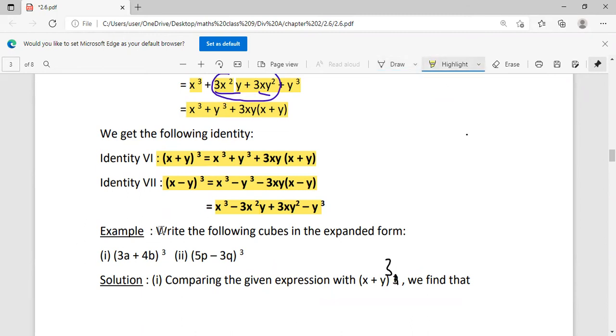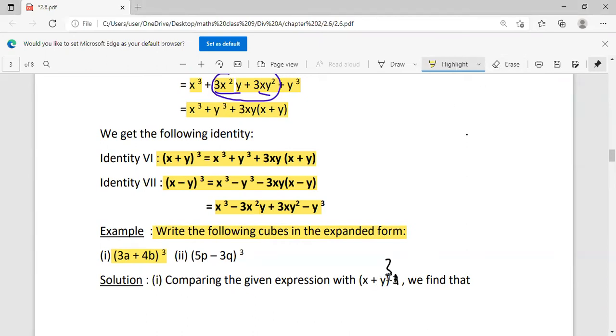See here, now we have an example given. Find the following cubes in the expanded form: 3a plus 4b the whole cube. There are only two identities we have learned containing the degree as 3. So we can easily solve it.